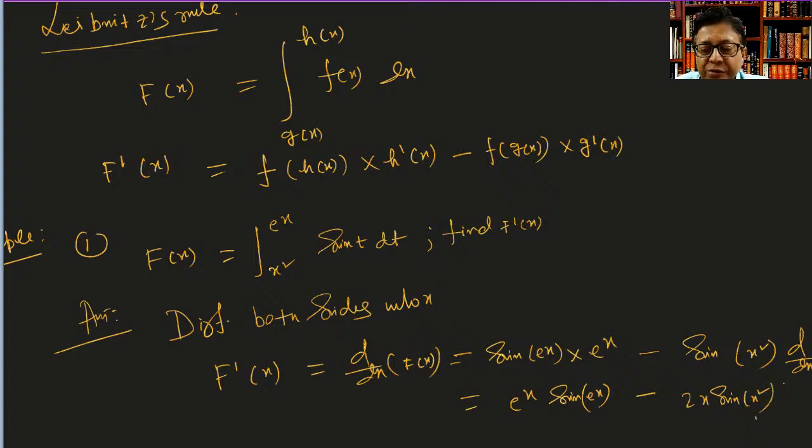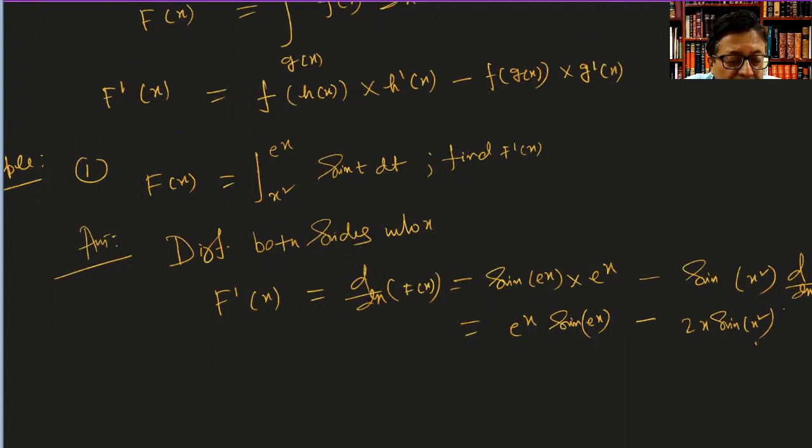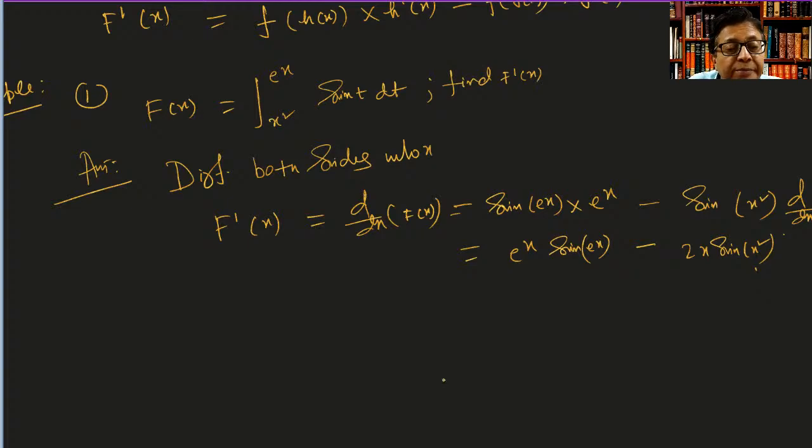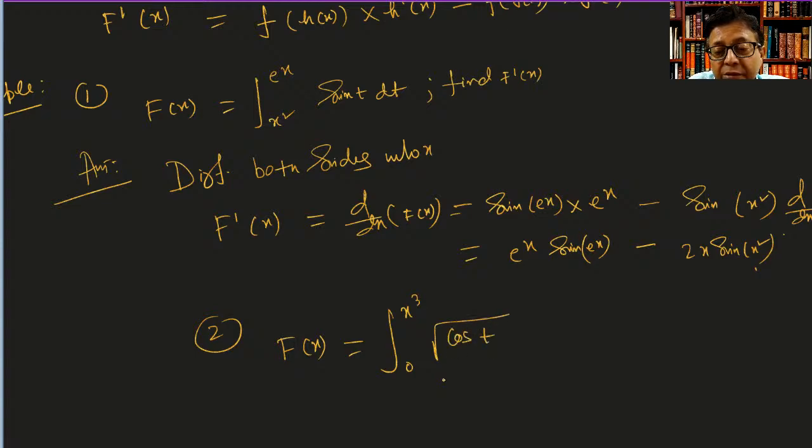Hope you have understood. This is not very difficult to understand. Let us solve one more problem where the lower limit is a constant. This is, say, the integral from 0 to x cubed of root over cos t dt.